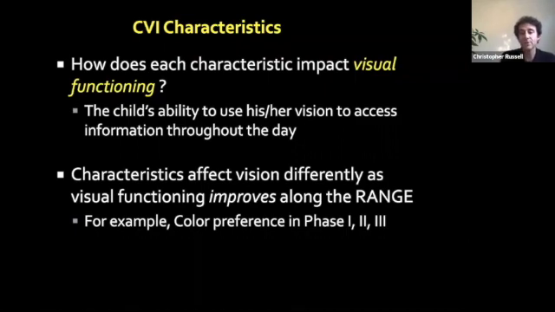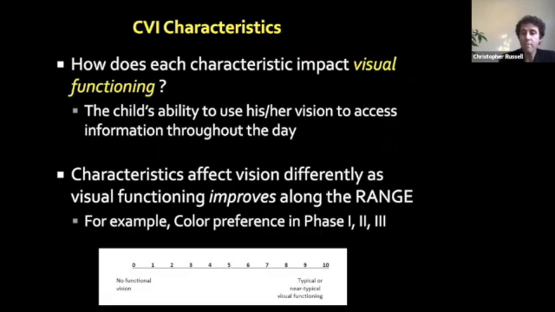To what extent is the child using each of those visual streams? So color preference is always going to be a characteristic, whether a child is in phase 1 or is in phase 3, but it looks different depending on where the child is. The range is 0 to 10. But there's no such thing as 0 because there's no such thing as a child with CVI who has no visual skills or behaviors.